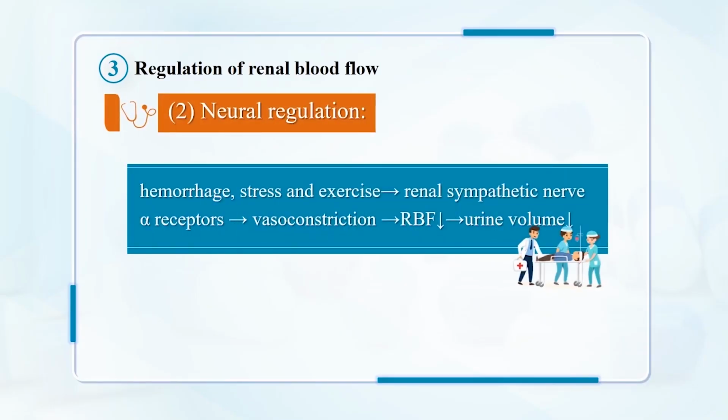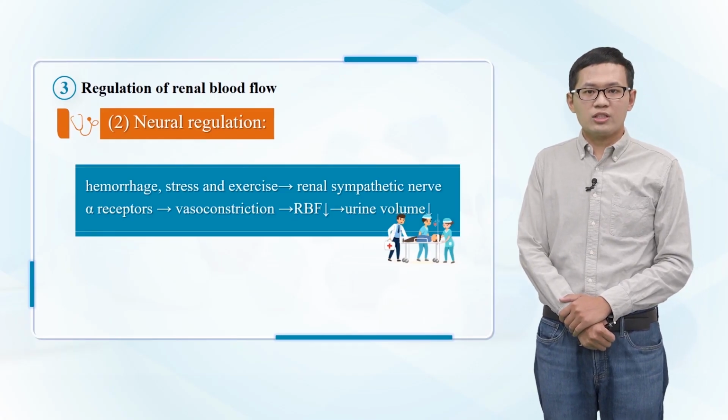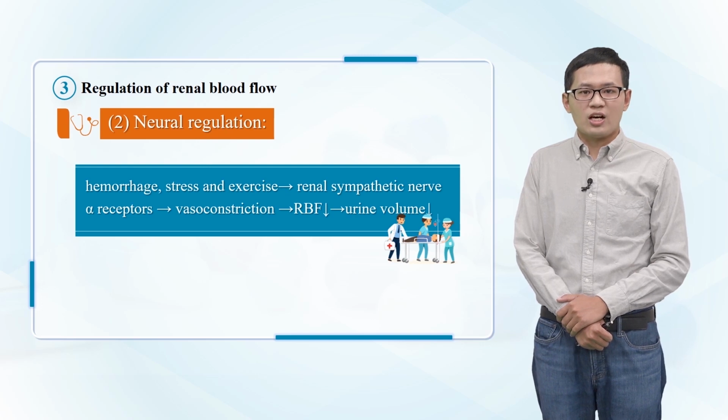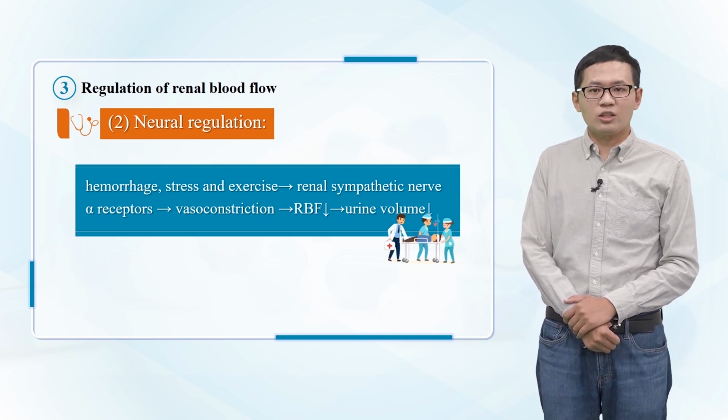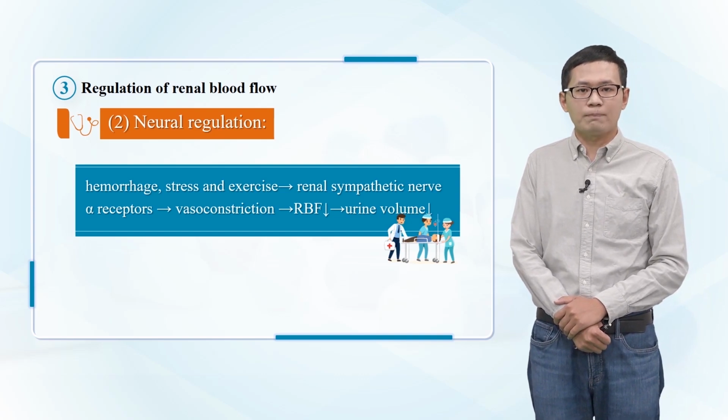In addition, there are neural and hormonal regulations. Essentially all the blood vessels of the kidneys, including the afferent arterioles, are richly innervated by sympathetic nerve fibers. Strong activation of renal sympathetic nerves can constrict the renal arteries and decrease renal blood flow and GFR.